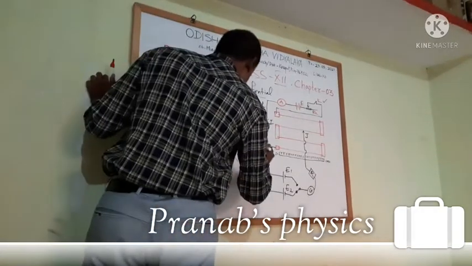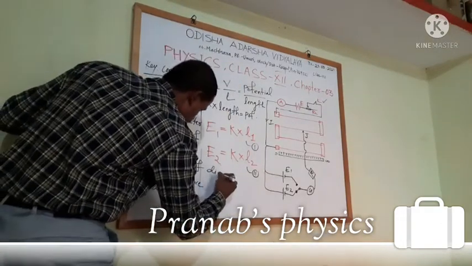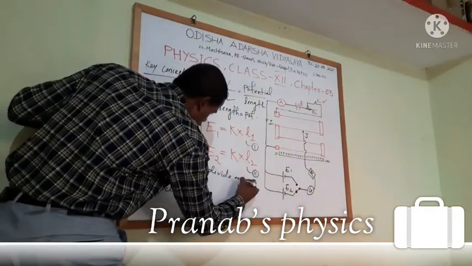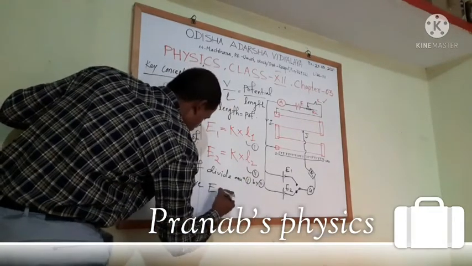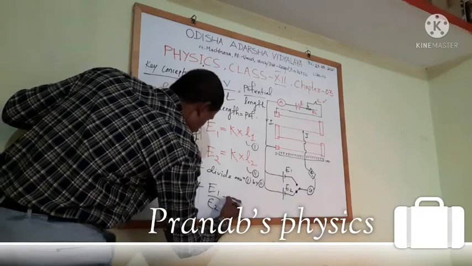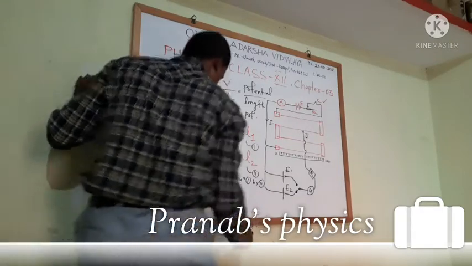Suppose this is equation 1 and this is equation 2. Divide 1 by 2. Then your expression will be E1 by E2 is equal to K L1 by K L2.